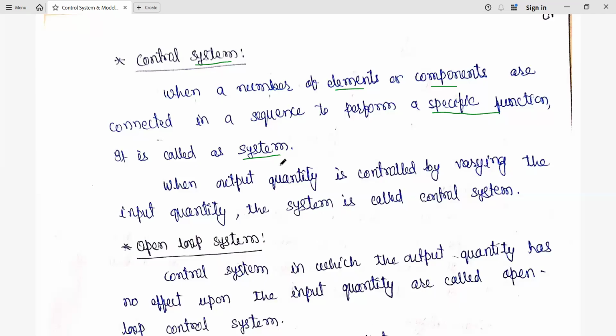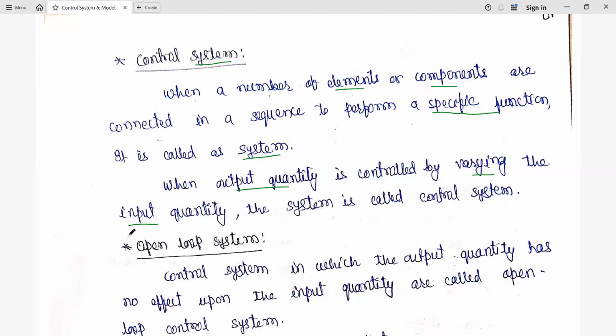Similarly here, in case of machinery also, we have various components connected in sequence to perform a particular task, that is called the system. And when the outcome of the system, that is the output quantity, is being controlled by varying the input quantity, then it is called the control system.